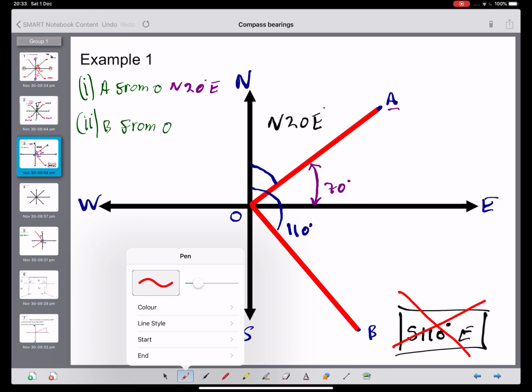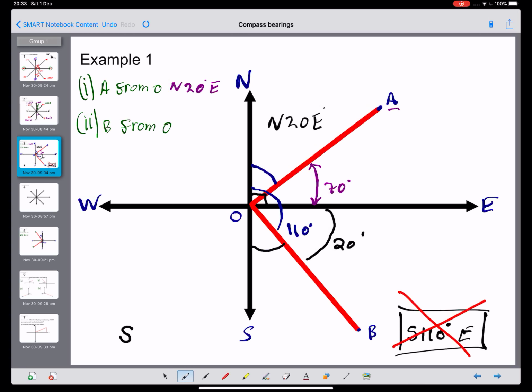Remember that a compass bearing always starts from either north or south and is measured from north or south. So B here should be south. We know that this here is 90, so 90 to 100 to 110 is 20 degrees, so we know that this must be 70 degrees. 70, 80, 90.